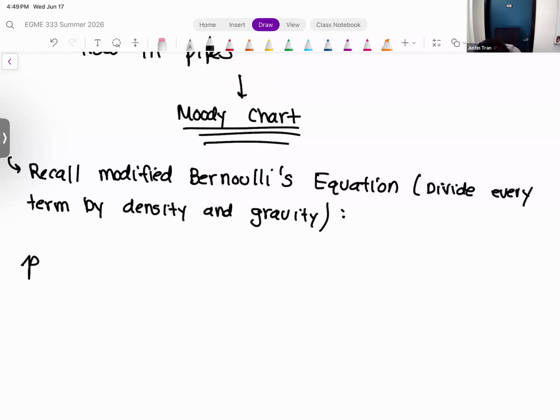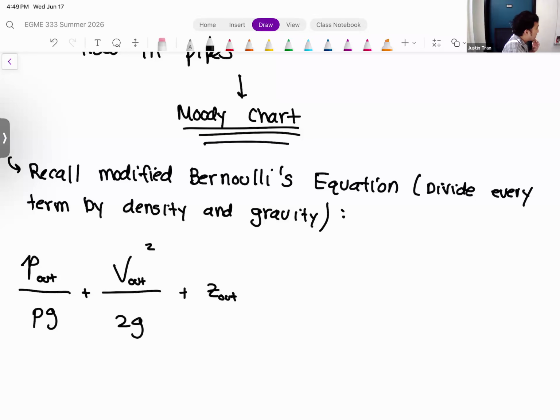So we have P 2. Let me call it P out. P out divided by rho times g plus V out squared divided by 2g plus Z out. So that's the main reason why we divide everything by density and gravity, just so that we can isolate the gravity term by itself.